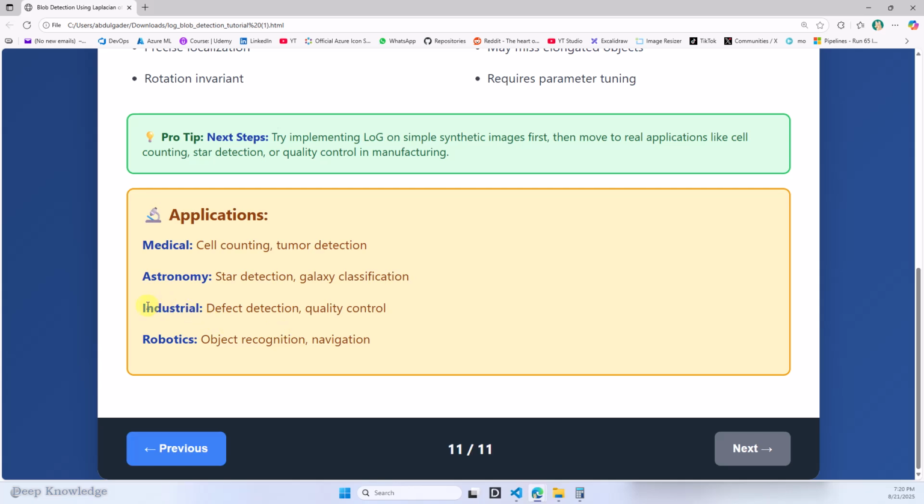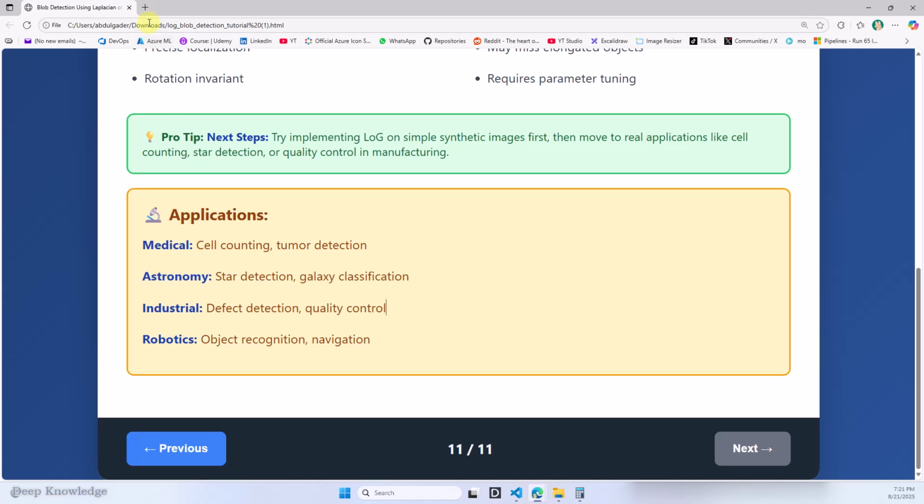Also in industry there is defect detection and quality control. Again, if you have simple images without complex structure, you can use this. But for anomaly detection or defect detection and quality control, I recommend using dedicated methods.